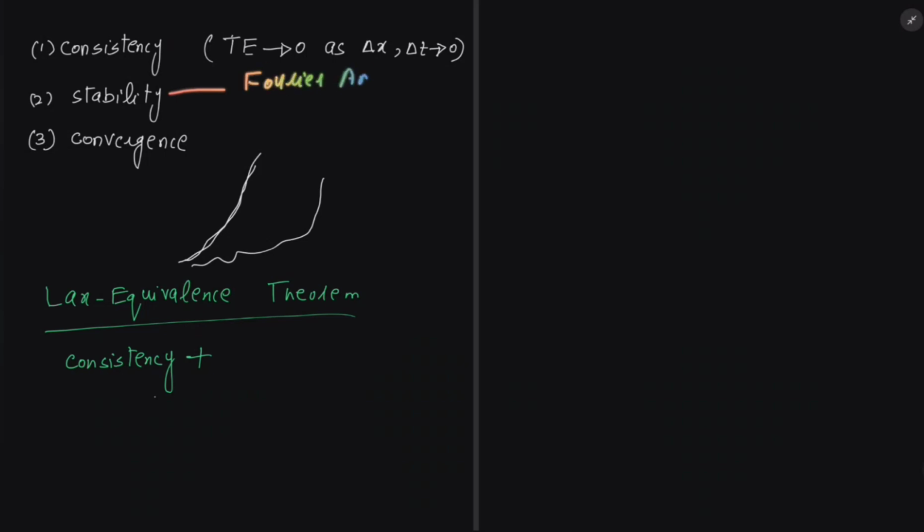When we have consistency and stability, the theorem says that your numerical method is convergent. It is a blessing for us that we have a convergent numerical method if we just check these two conditions. Lax introduced this theorem.